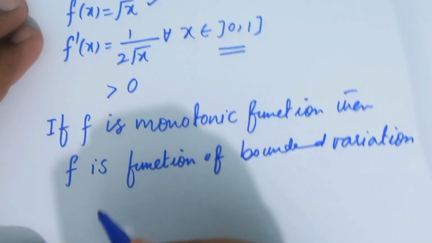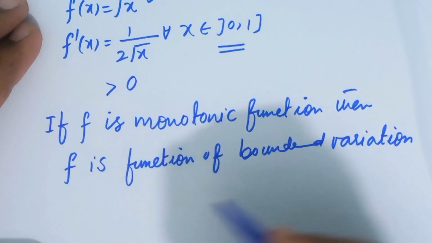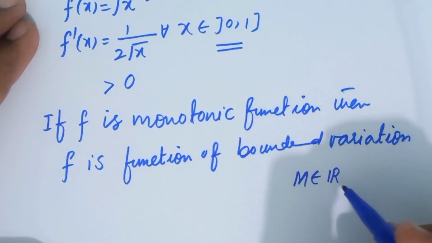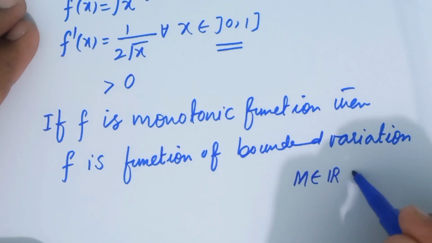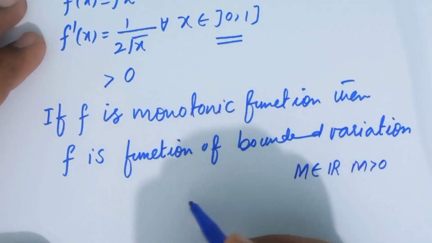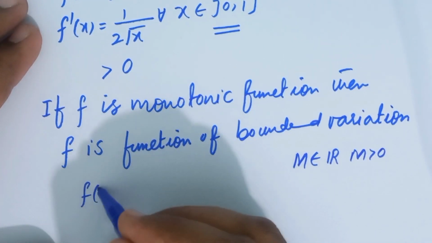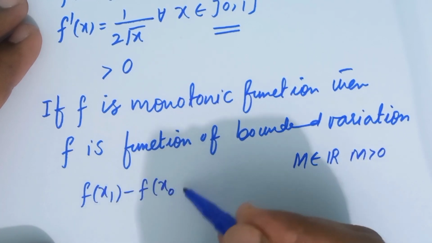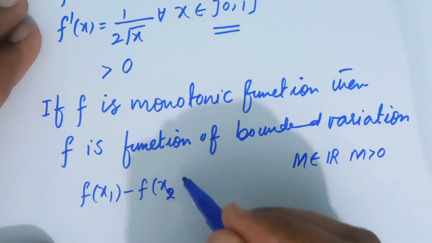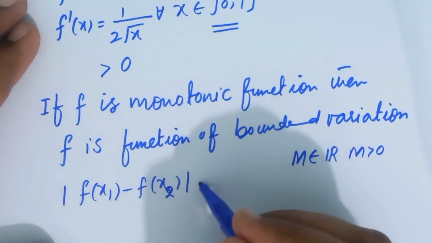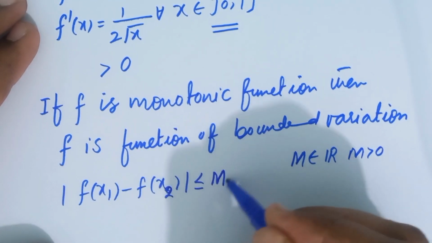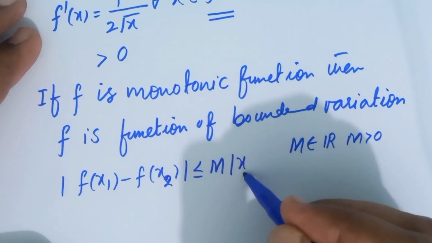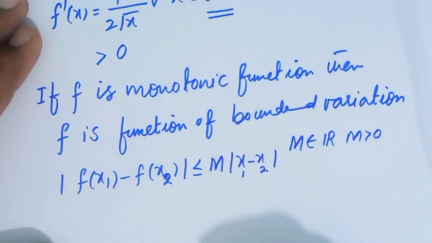A function f is called a Lipschitz function if we find a positive real number m such that it satisfies the condition absolute value of f of x1 minus f of x2, any 2 points can be chosen, is less than or equal to m times absolute value of x1 minus x2.